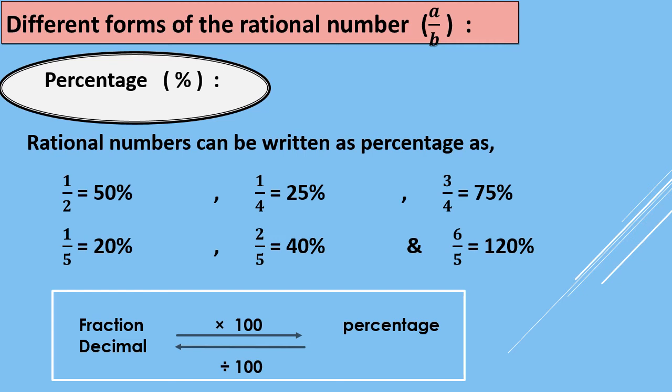So if you want to write a fraction as a percentage, you multiply by 100, and if you have a percentage and want to convert it into a decimal, it must be divided by 100.